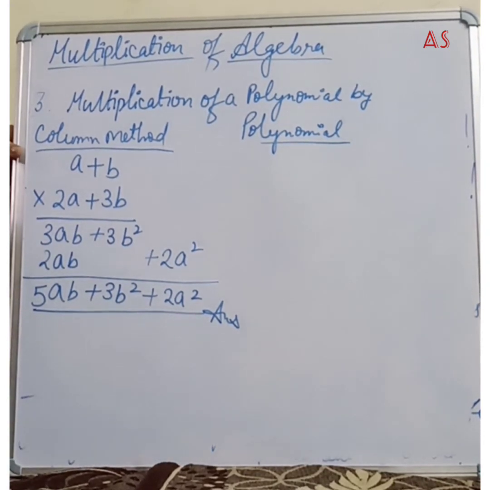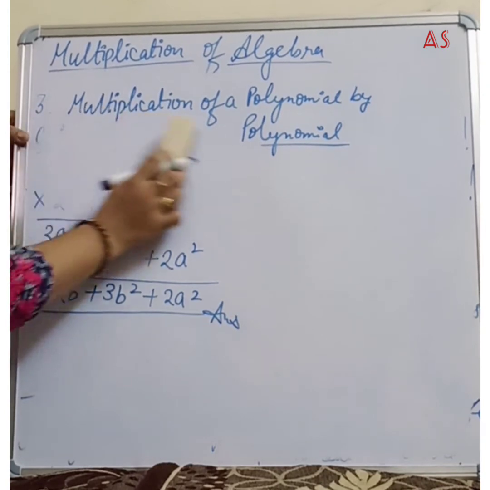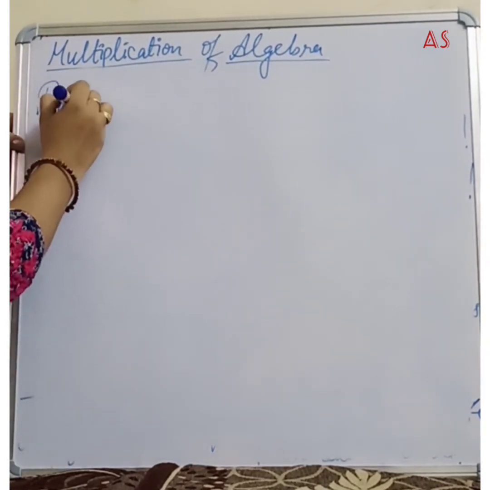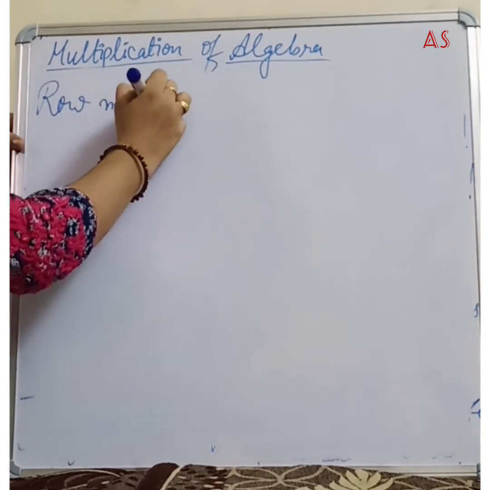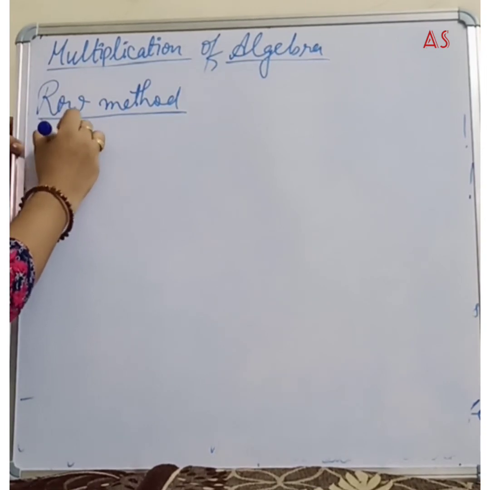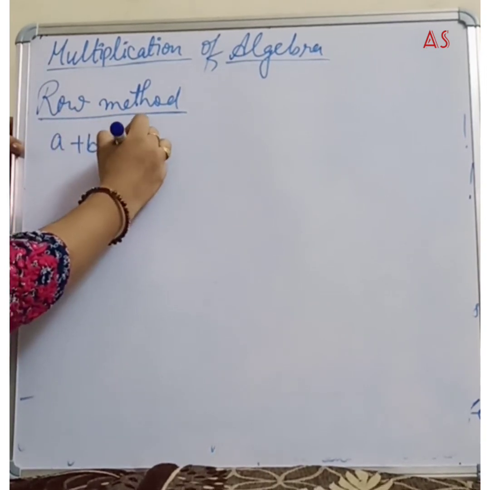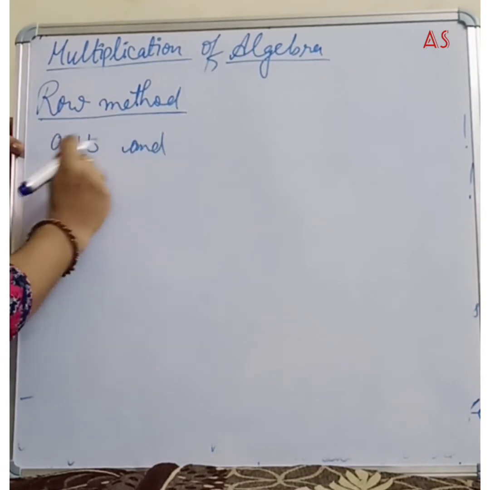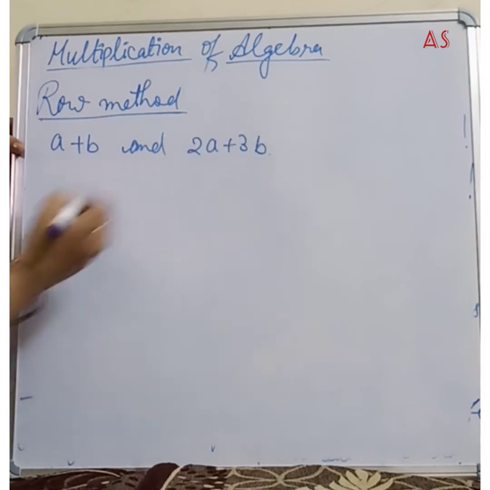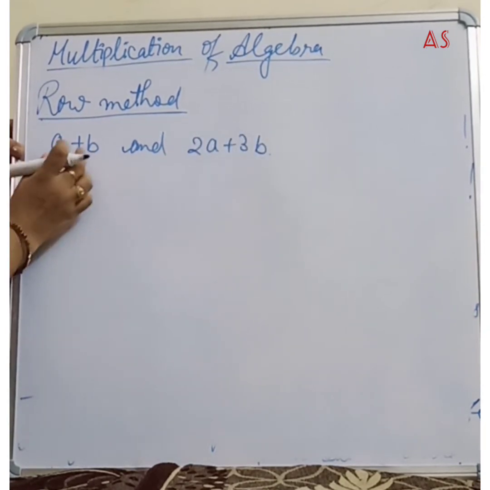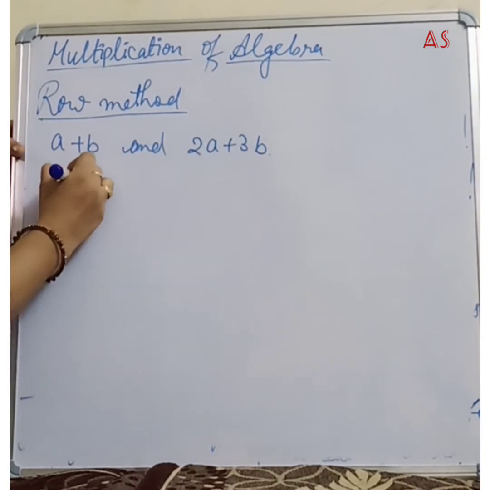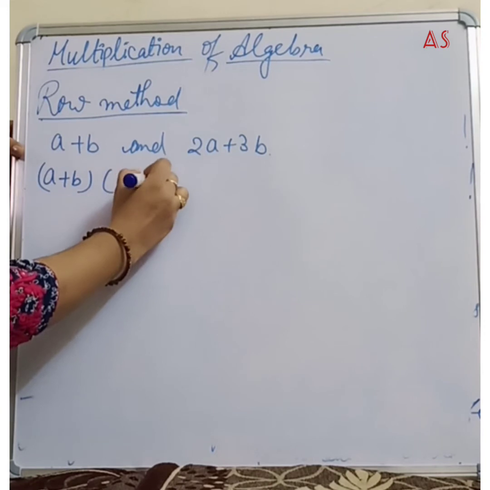Now I will explain you row method. Row method, your question is a plus b and multiply means a plus b multiply 2a plus 3b. Okay, so in the row method, this both you will write in bracket, a plus b multiply 2a plus 3b.